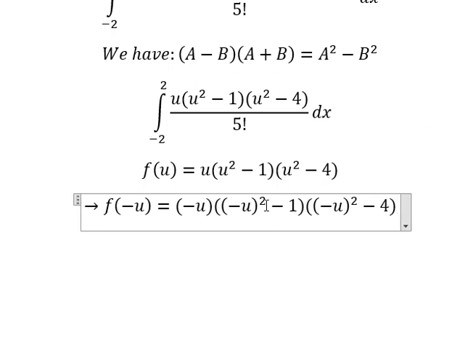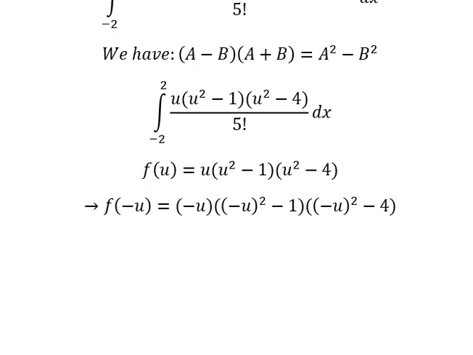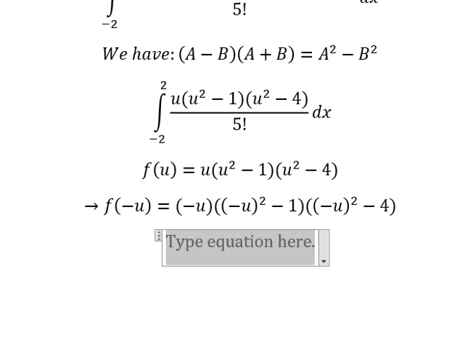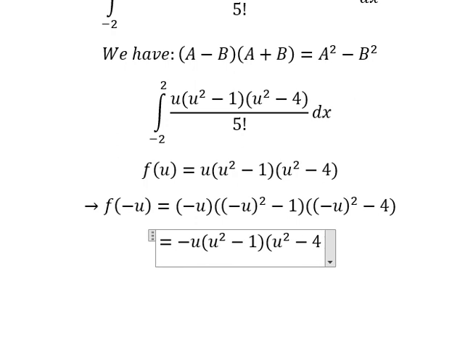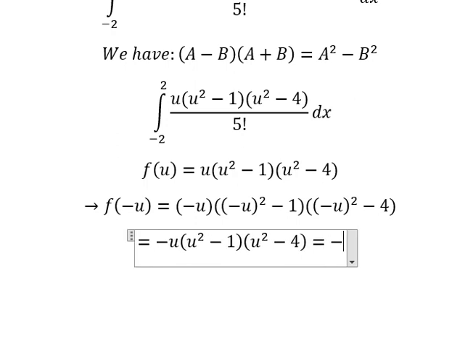Because this is an even power, you have positive. This one we have positive, but this one we don't have the power, so this is negative 1. And if we simplify, we have like this, and this one equals negative f of u.